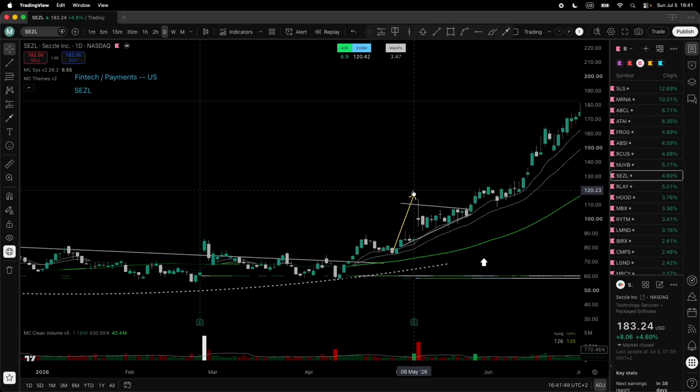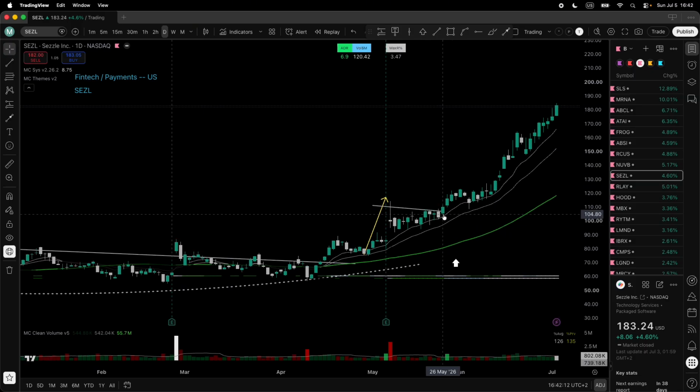So: a big move up, you have a range, and you have respect for the moving averages, in this case the 10-day moving average. As you can see, it never closed below the 10-day moving average. Sometimes it's going to be a respect of the 10 and the 20-day moving averages. You have a very tight range, and you have your higher lows. Okay, so that's what I look for.